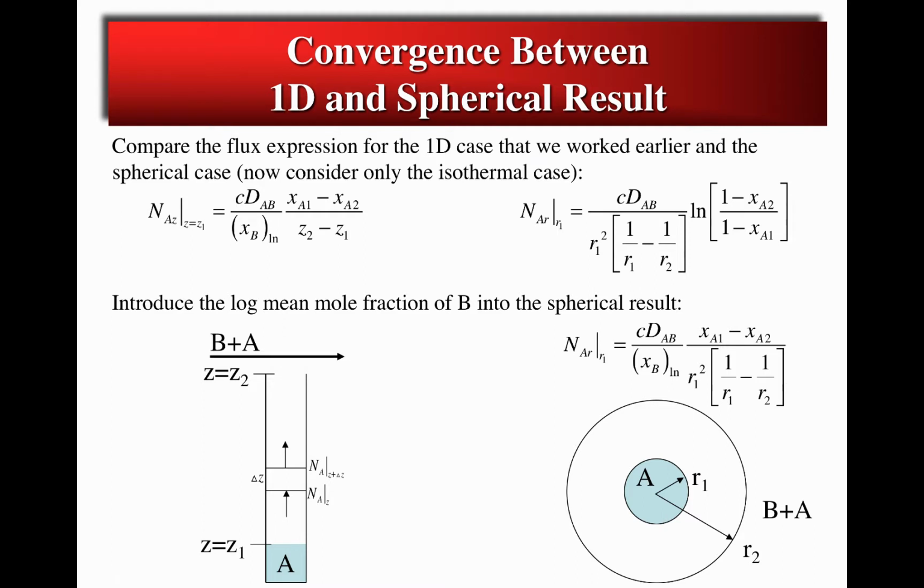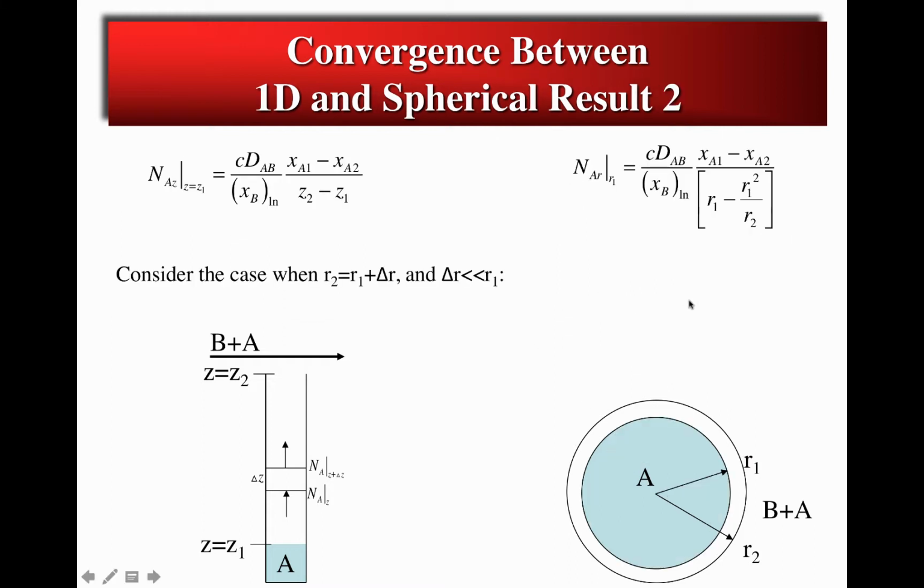What I'm aiming to do here is to make these two results look more and more alike, and to show under what circumstances this one-dimensional result can be used to approximate a problem in spherical coordinates. And so here is the result for both the rectangular coordinate case and also for the radial case.